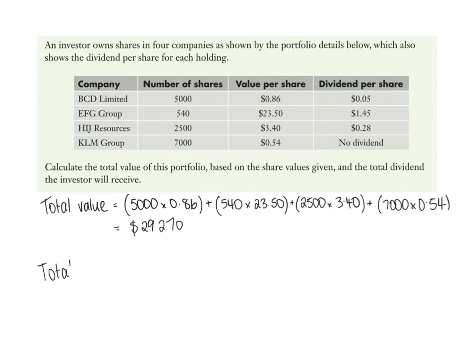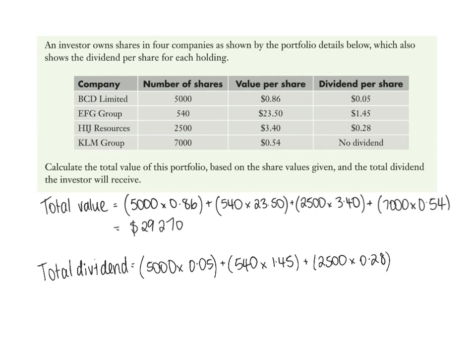we do the same thing as we did above, but instead of multiplying it by the value, we're going to multiply it by the dividend as listed in the table. So we're going to have the 5,000 multiplied by 0.05 or 5 cents. For EFG, we're going to have 540 shares with a dividend of $1.45. For HIJ, it's going to be 2,500 multiplied by the 28 cents.